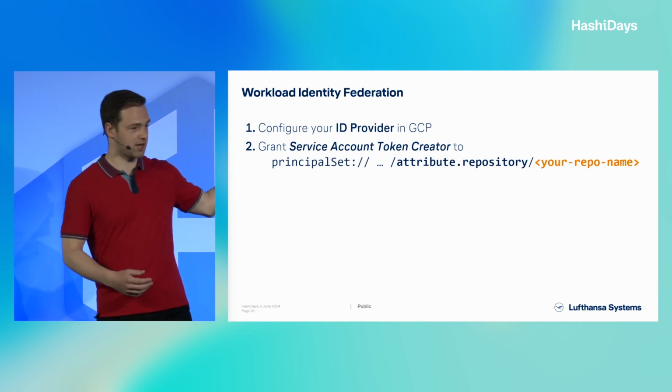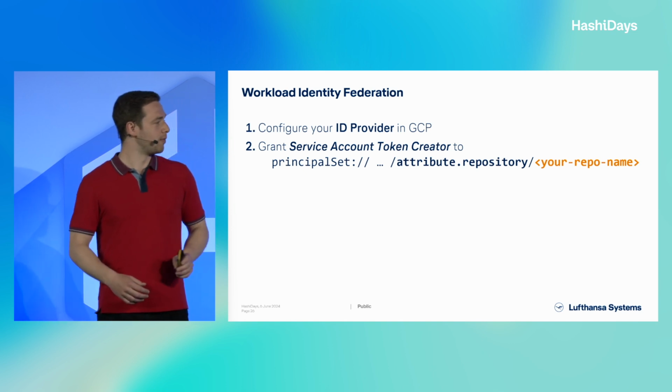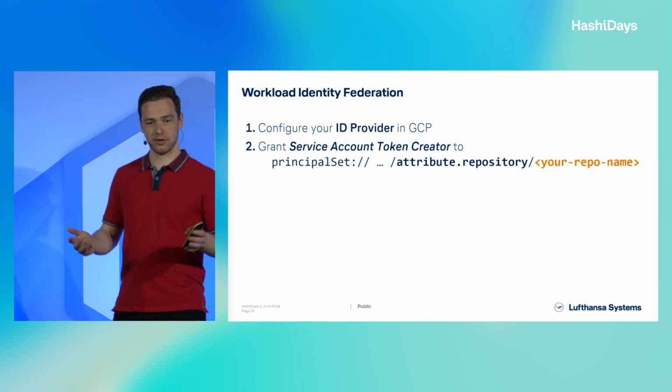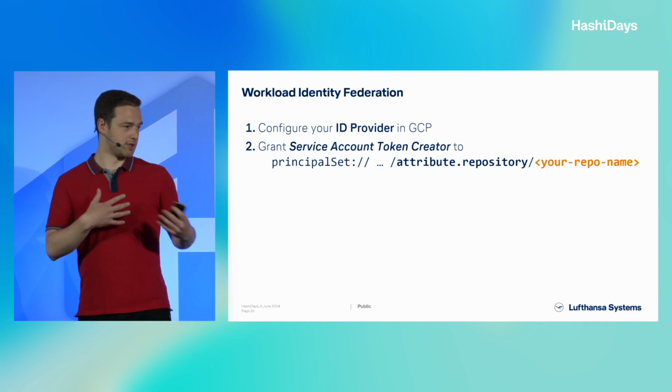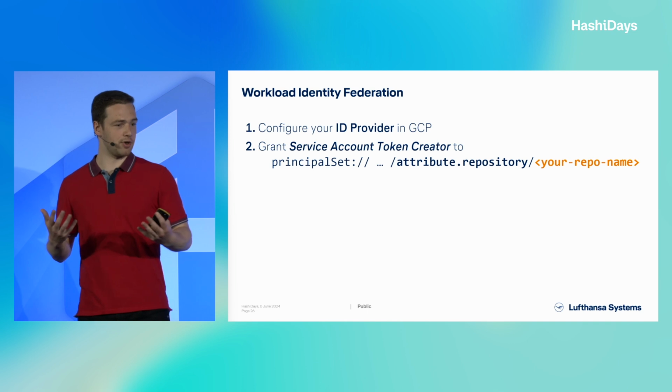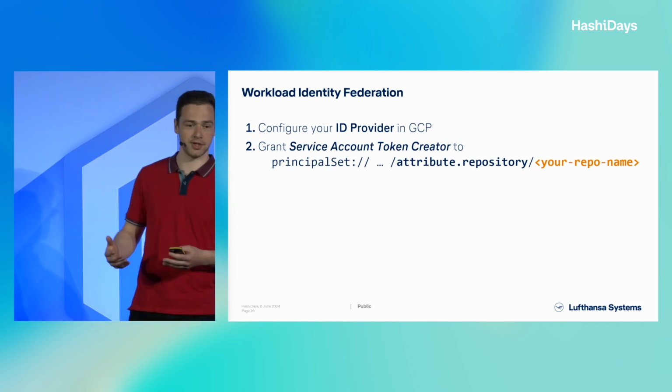It starts with principal set, has some static information that is always the same. But the really interesting part is in the end, where you can see attribute repository, your repo name. This is a restriction we can place, this is what we mostly use, based on the repository name, which repositories, which pipelines from which repositories are allowed to impersonate the service account.